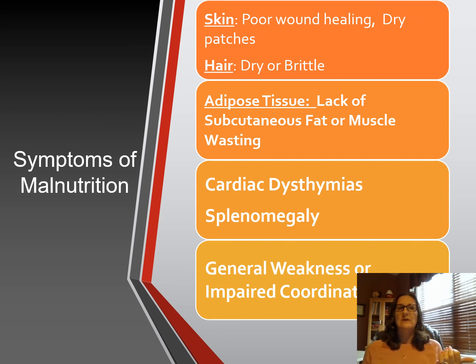For example, in patients that are positive for HIV and then advancing to AIDS. Other signs of malnutrition are cardiac dysrhythmias, splenomegaly, and just general weakness or impaired coordination. Your ATI highlights those clinical symptoms that identify malnutrition, so I would definitely take a look at those.